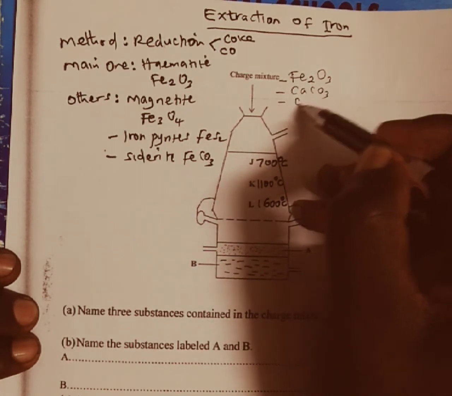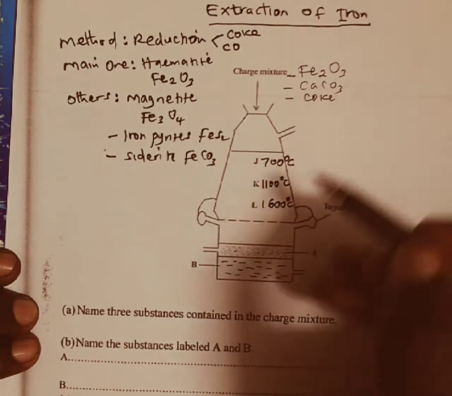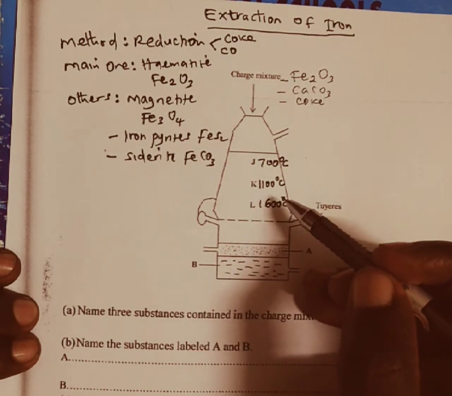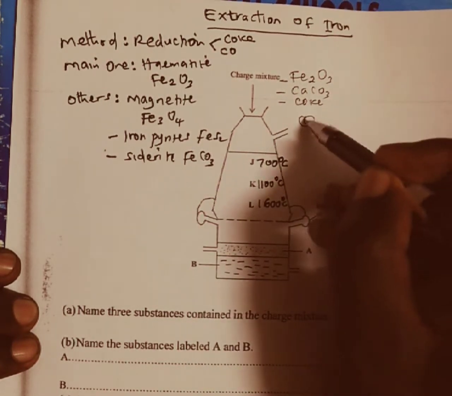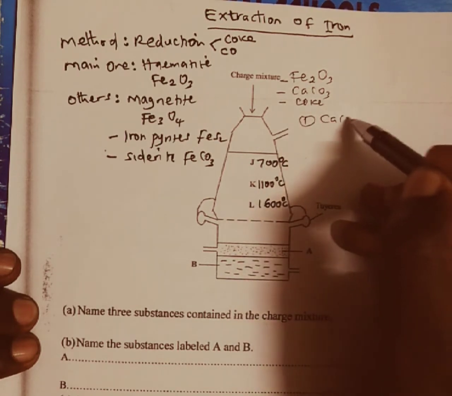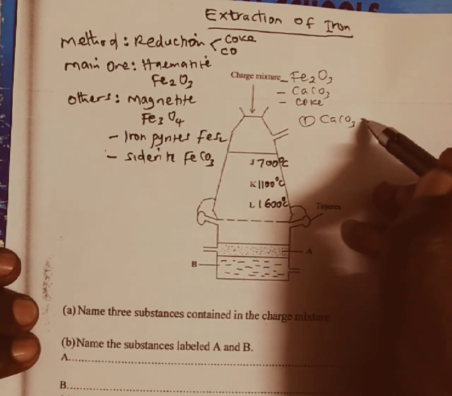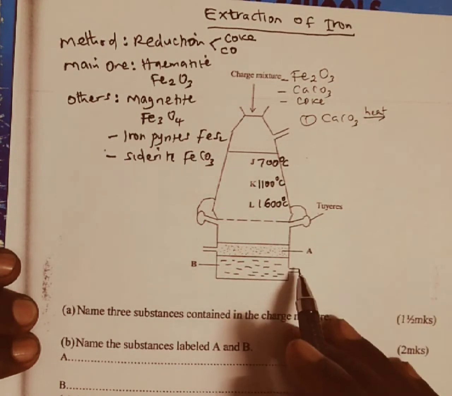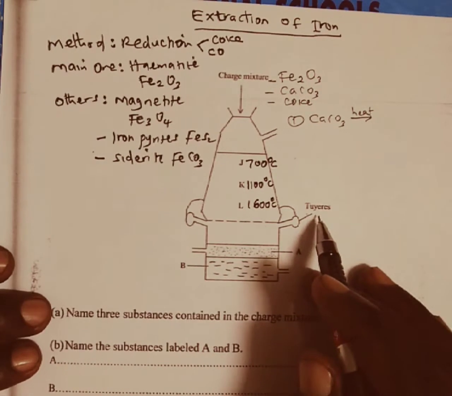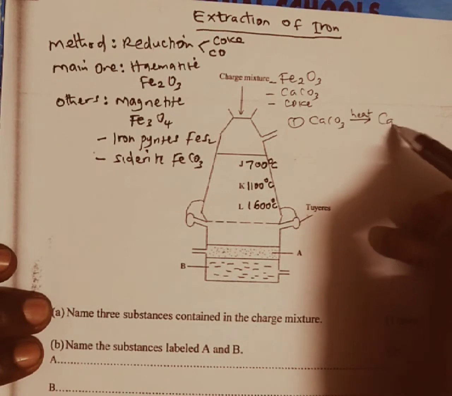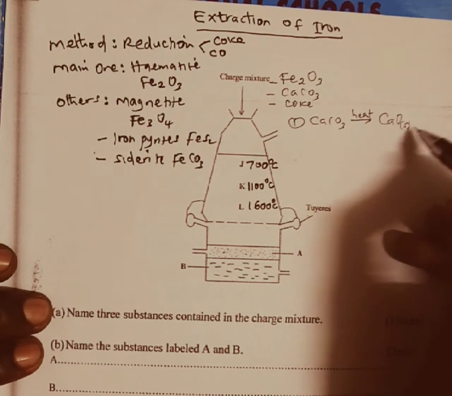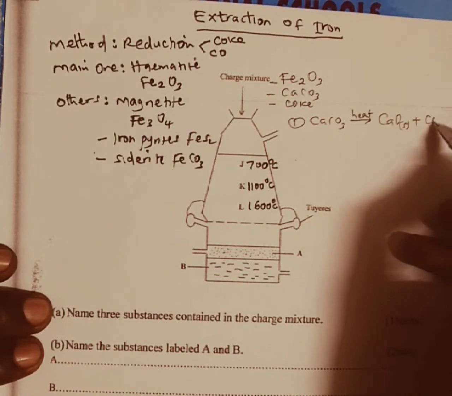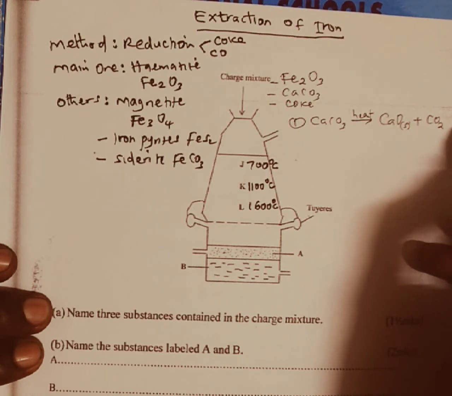And number 3, we also introduce coke into the blast furnace. Number 1, the calcium carbonate is decomposed once it gets into the blast furnace into calcium oxide, a solid, and carbon 4 oxide, which is a gas.